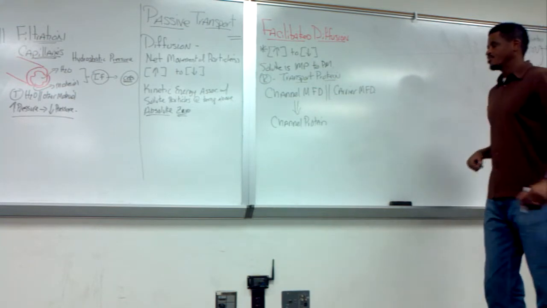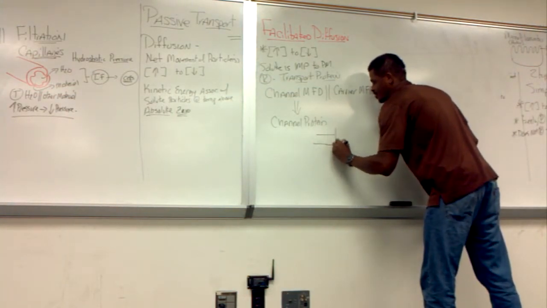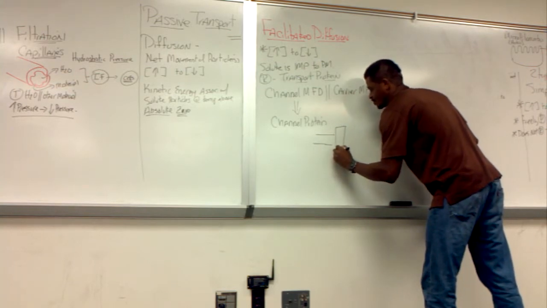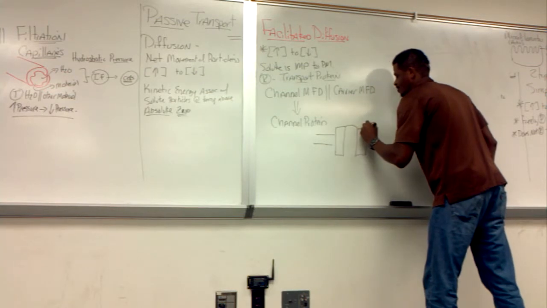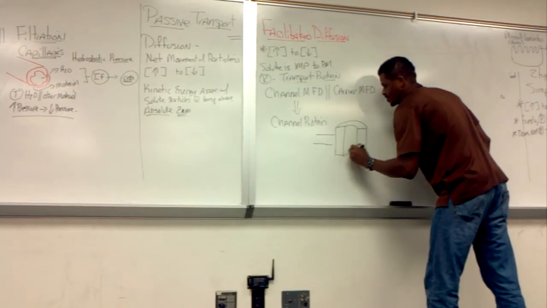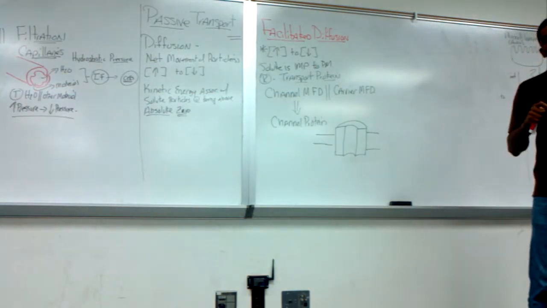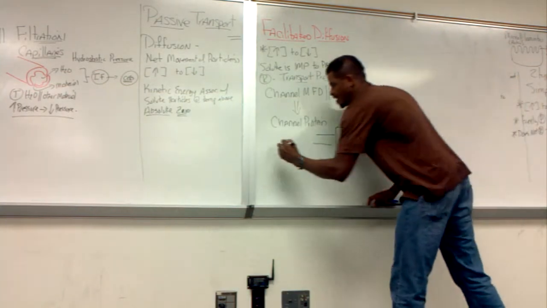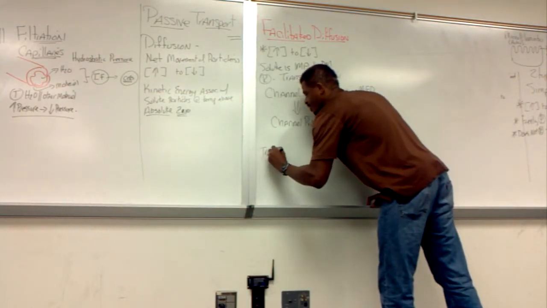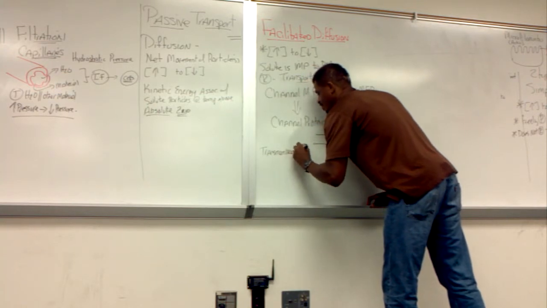We have our plasma membrane. A channel protein, if it spans the thickness of the plasma membrane, we call it a what? Transmembrane protein.